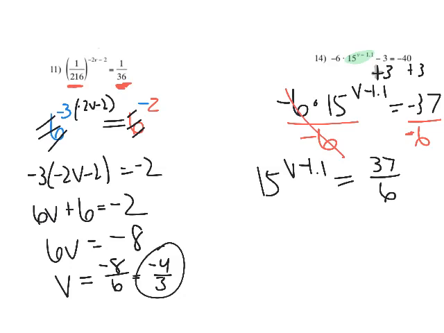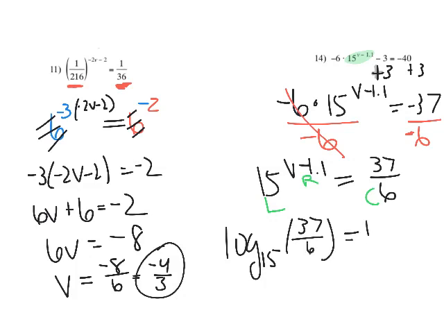Now, you can do left, right, center with this. You can also take the natural log of both sides, but I think most of us are going to do left, right, center. So we're going to do log base 15 of our center, 37 divided by 6, equals v minus 1.1.